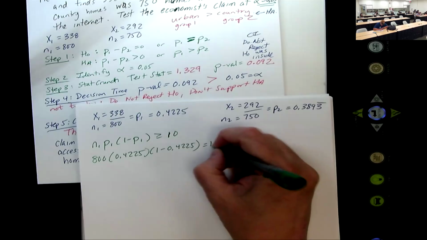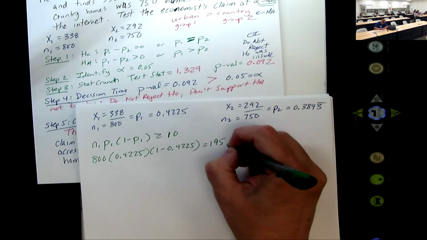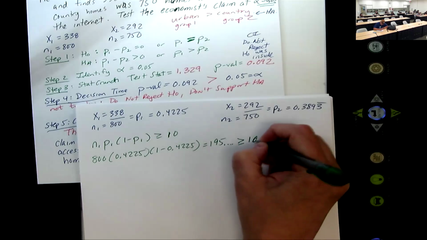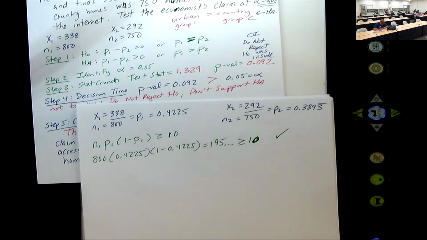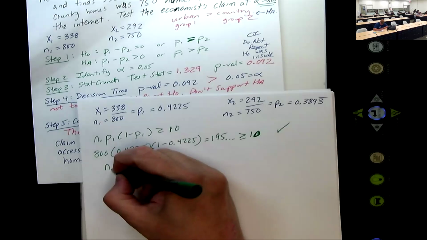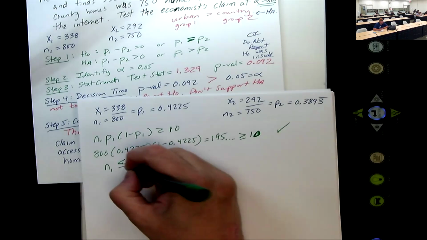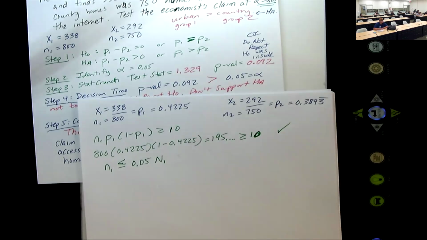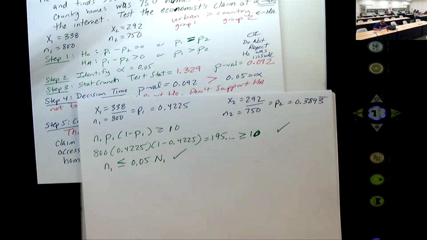I'm getting 195 and some change. That is greater than or equal to 10, so that criteria is met. I know for a fact N1 is less than or equal to 5% of big N1. 800 urban homes is not that many for a country. It's definitely less than 5%.